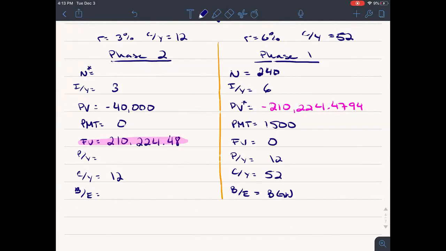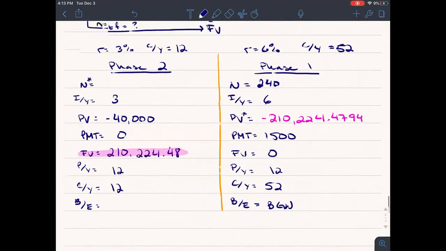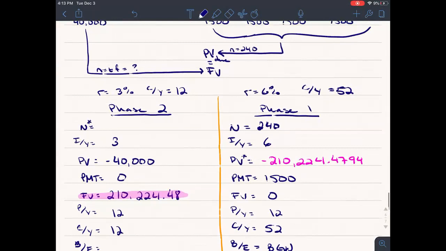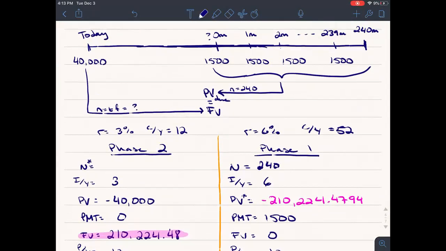So then our payments per year, we just force it to be 12 to be the same as the compoundings per year, because one of them has to be negative. And the way I'm saying it is that you've got 40,000, and today you're going to invest it in an RRSP.